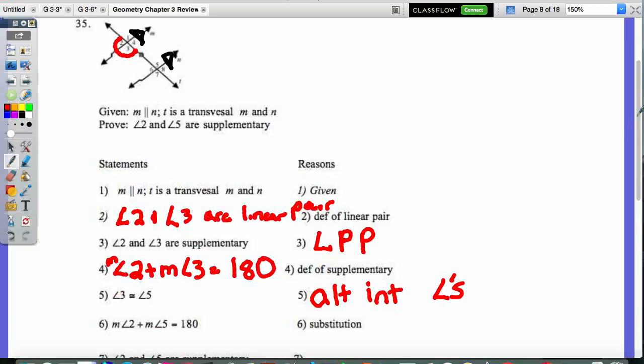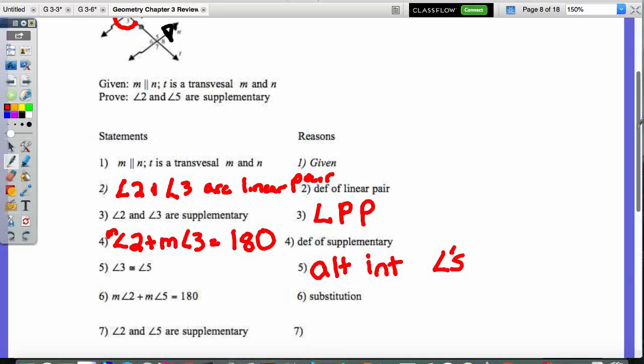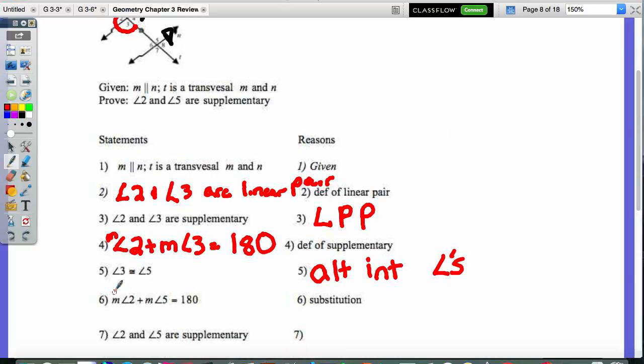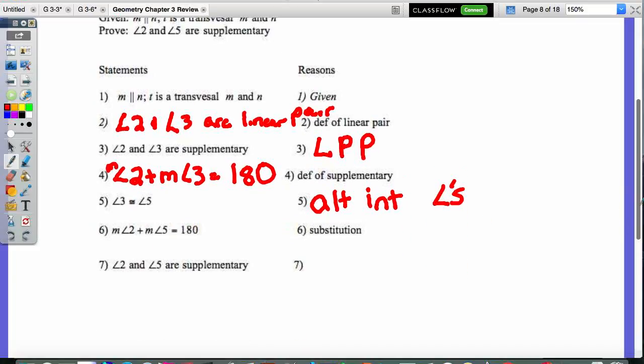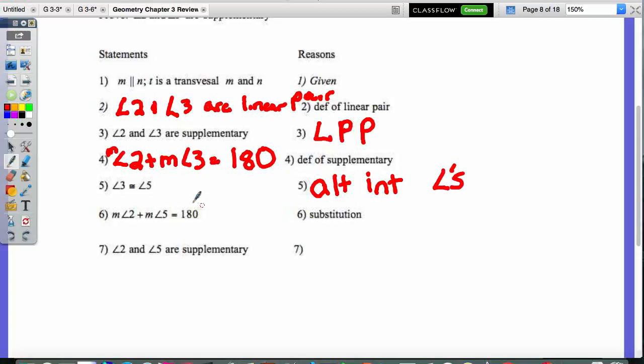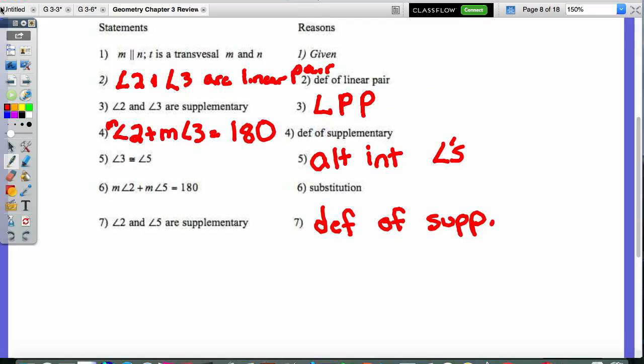That is substitution, and that's marked there. So if the measure of angle 2 plus the measure of angle 5 is 180, then they're supplementary. And that is the definition of supplementary. So that's problem number 35.